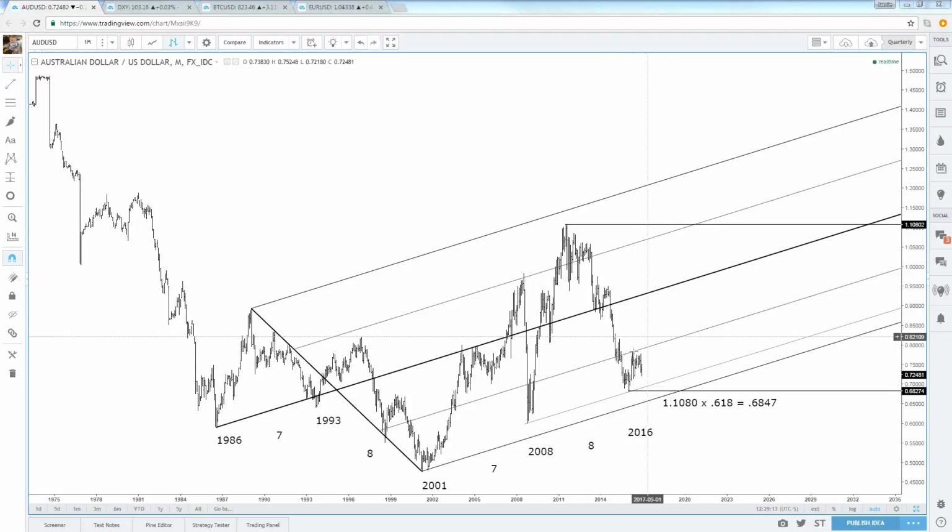Another reason to suspect that Aussie made its low: we all know about retracements, like Fibonacci retracements. Well, there's something called an absolute retracement. This works well for stocks, if you're looking to call the bottom of a crash or something. You can multiply by 0.382, and a lot of times you'll get that.